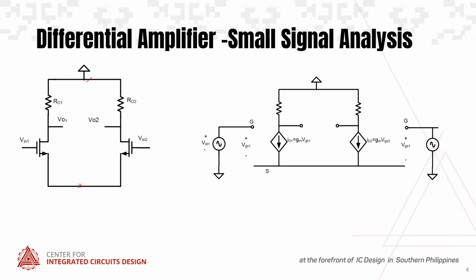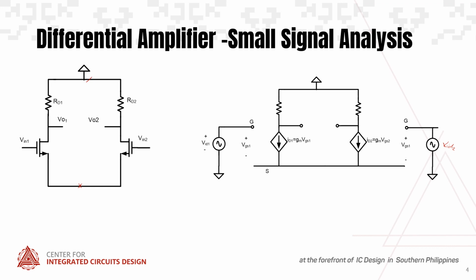So this circuit, when we represent it in small signal analysis, we replace this MOSFET by this dependent current source ID1 equal to gm VGS1, and this MOSFET 2 can be represented by ID2 equal to gm VGS2, with these sources VID1 and, something is missing, VID2 here.